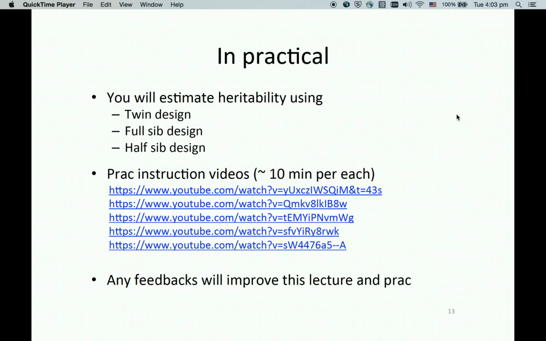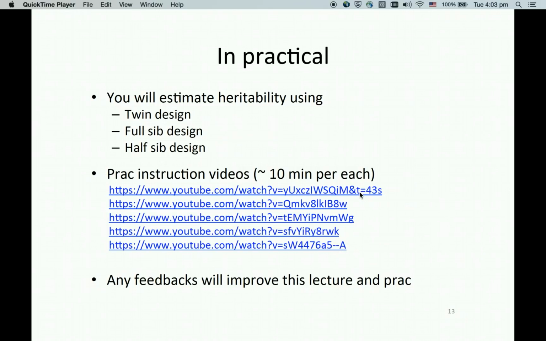In the practical, you will estimate heritability using the twin design, full sib design, or half sib design based on R code that can be downloaded from the web. The information is in the practical material, including videos. Also, there are practical instruction videos. So here is the link.